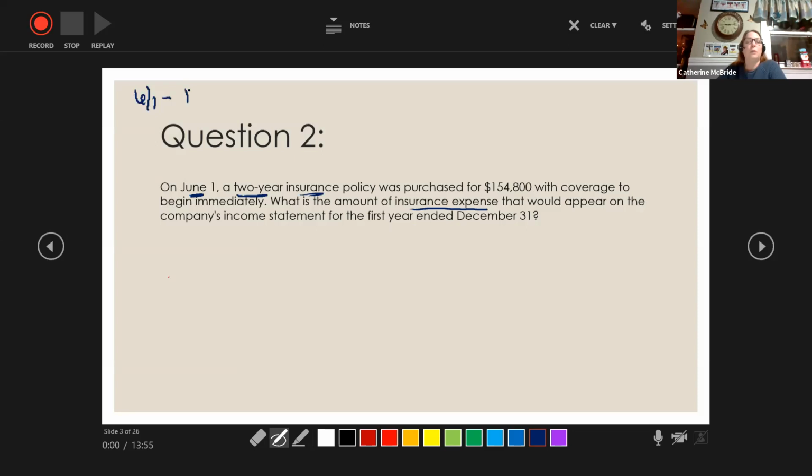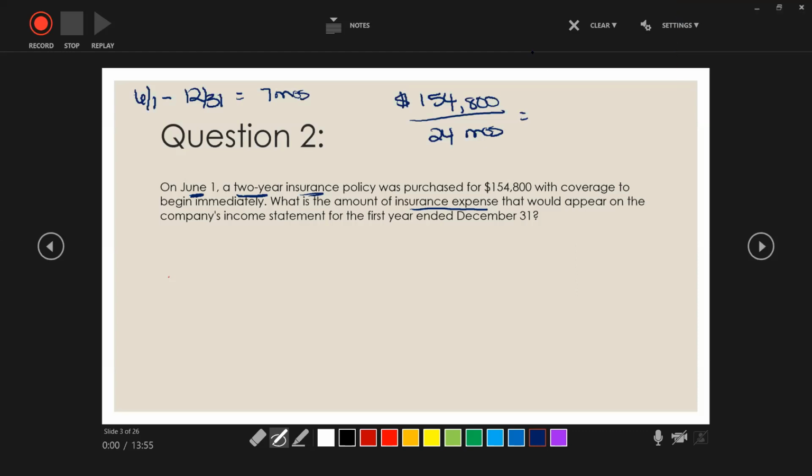Yep, 6/1 through 12/31 is 7 months. So we have $154,800 over how many months? 24. 24 months. How much is that per month? 6,450.